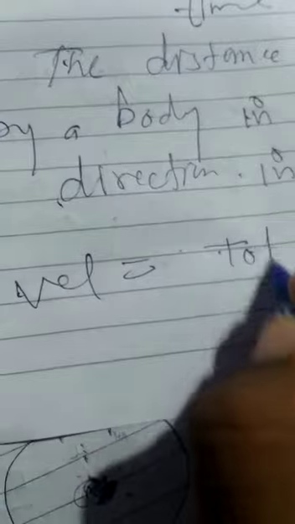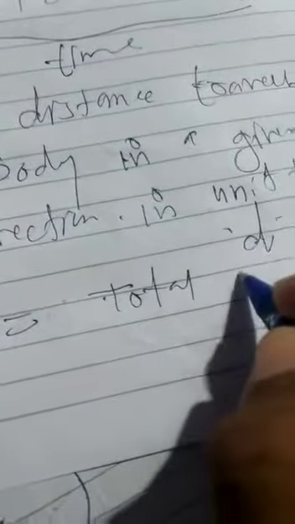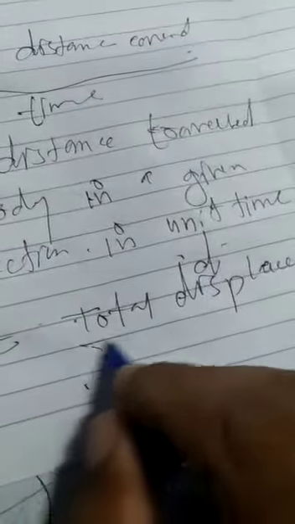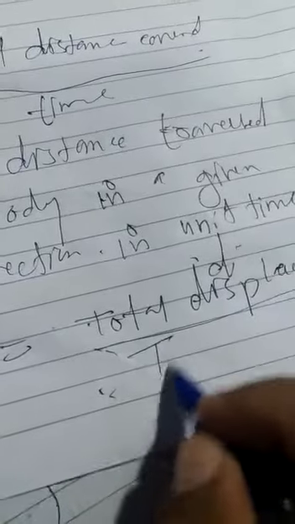Velocity is a vector quantity, and we can write the formula: velocity is equal to total displacement upon total time taken.